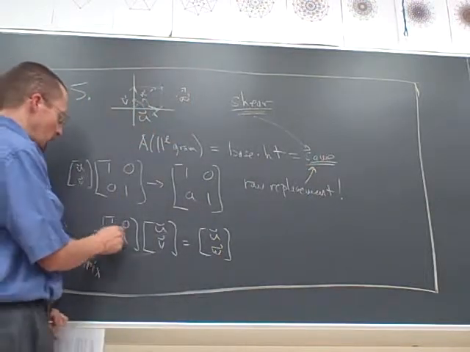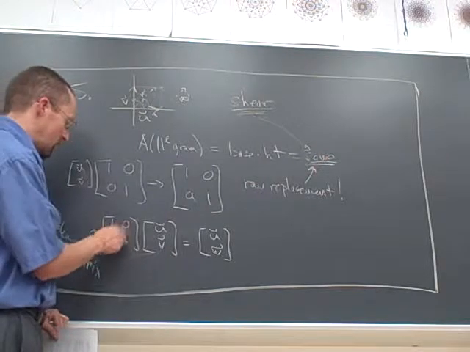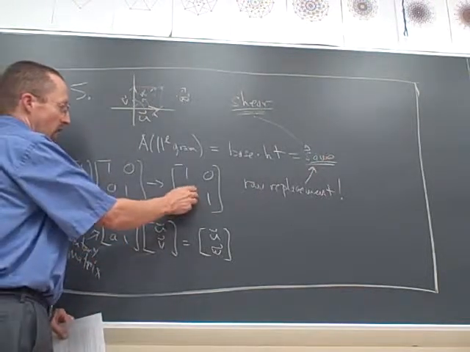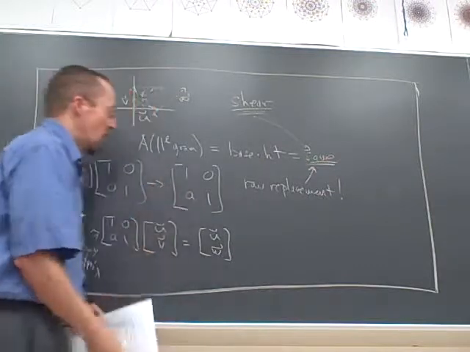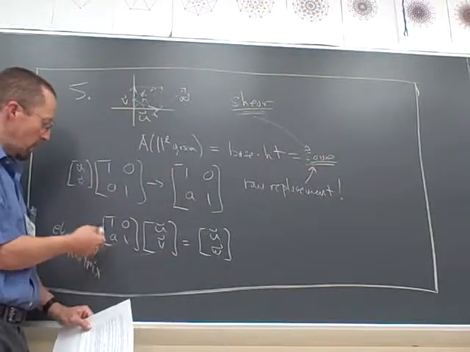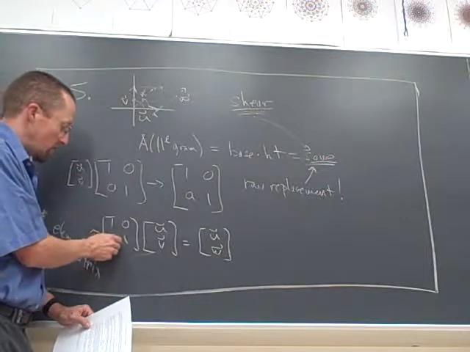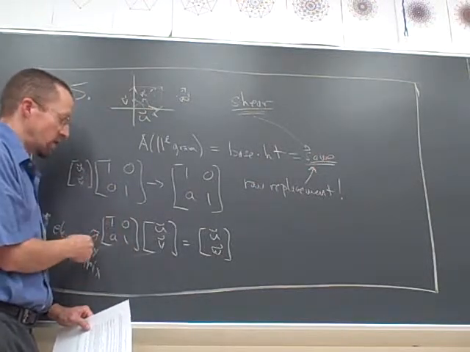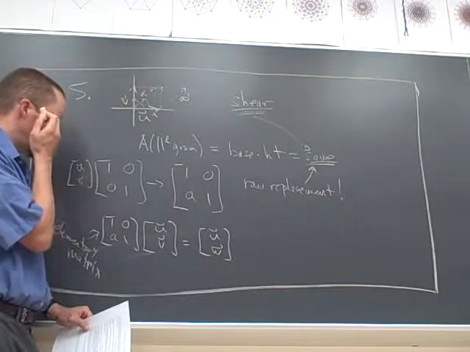Some people were putting the A up here instead of down here. If you look at it carefully, it's going to be in this place. Whenever you do a row operation, the elementary matrix that does that row operation is you just do exactly the row operation you're thinking of to the identity matrix, which is basically what we're doing here.